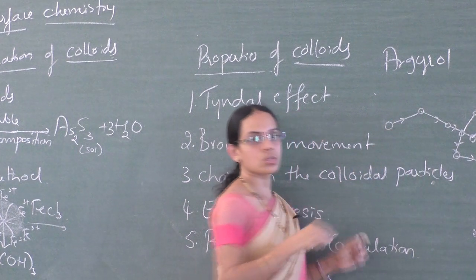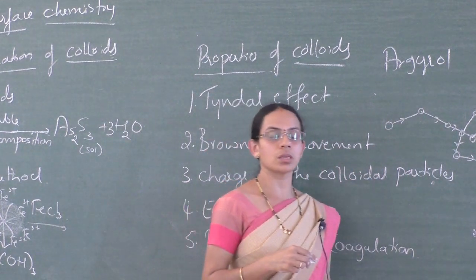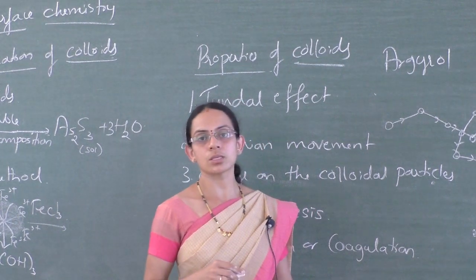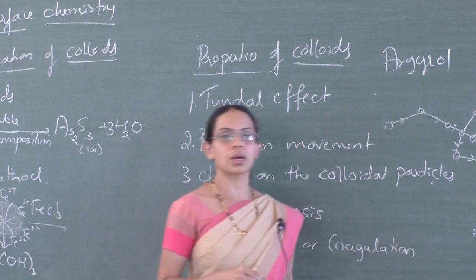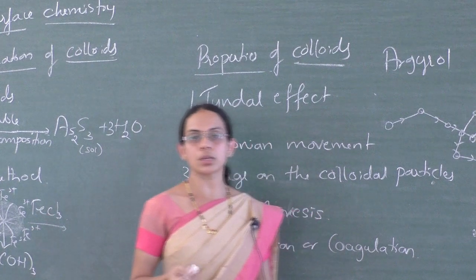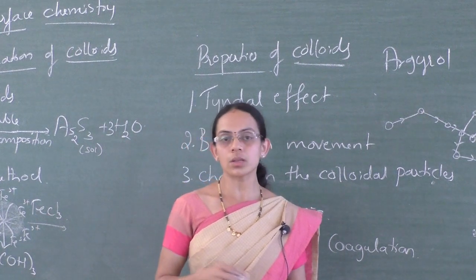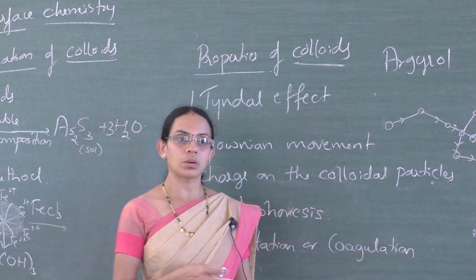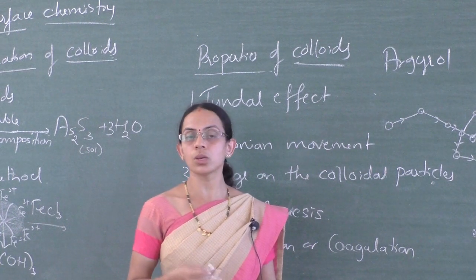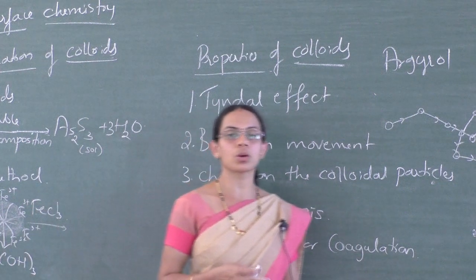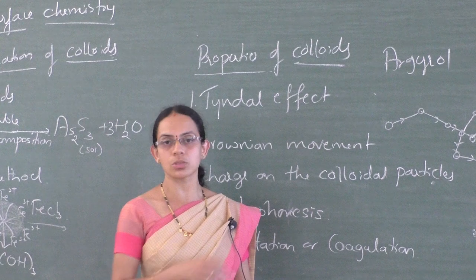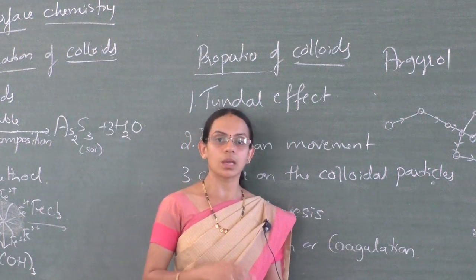It is a colloidal solution of silver which is used in eye lotion, and colloidal antimony is used for the treatment of Kala Azar, and milk of magnesia is also a colloidal solution. It is used in stomach disorders. So colloidal solutions are very useful as medicines because of their large surface area. They are effective medicines because of the large surface area.